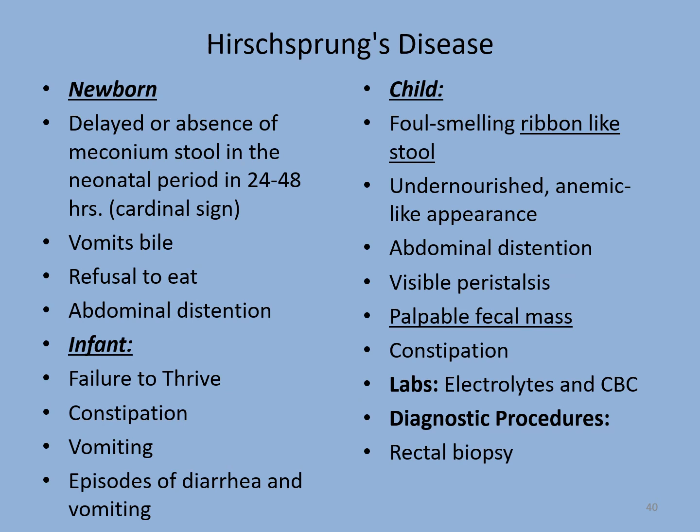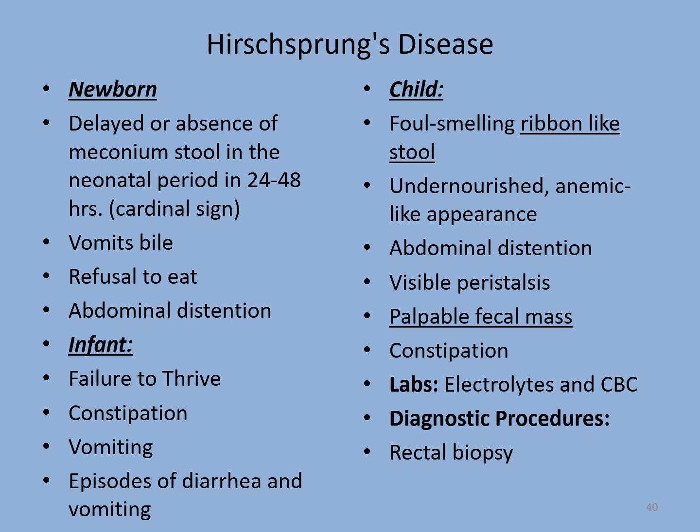So one thing that's definite is the newborn will have delayed or no meconium stools in the first 24 to 48 hours. So this is the second pediatric issue where they had absence of meconium stools. The first one, if you remember, is cystic fibrosis.